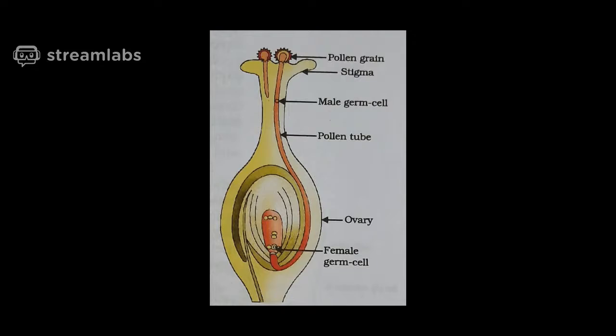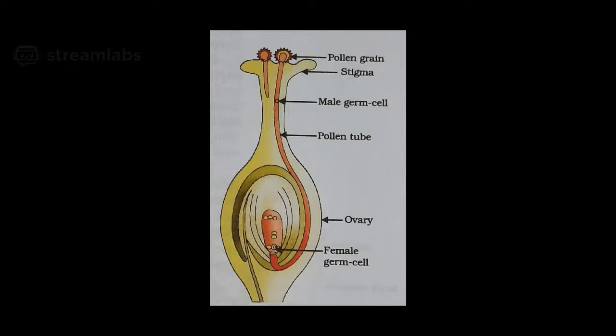Now remember, after fertilization, the ovule forms seeds. The ovary forms fruit. This is how the further generation goes on.